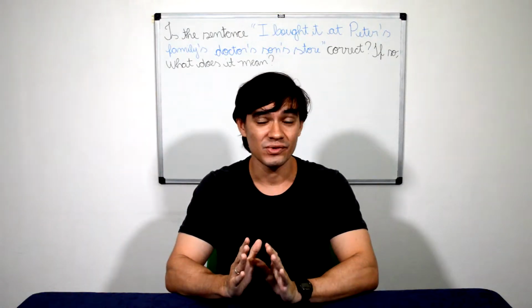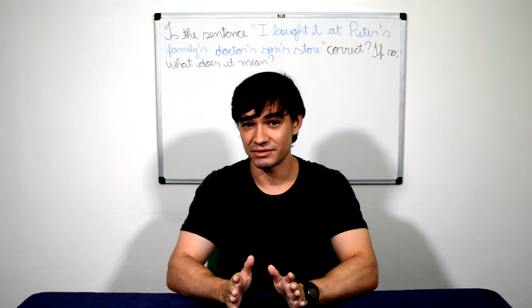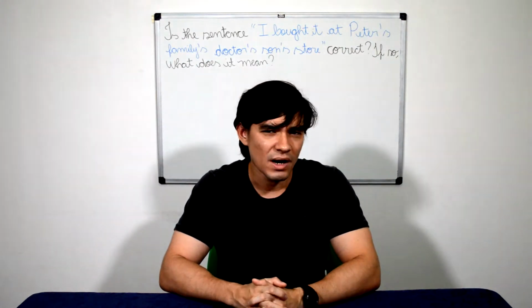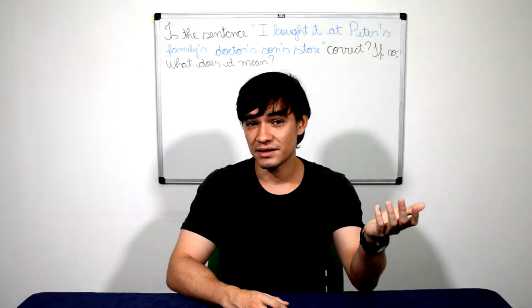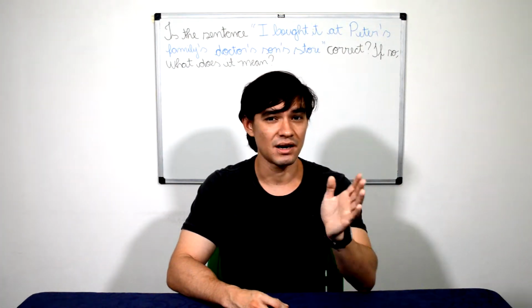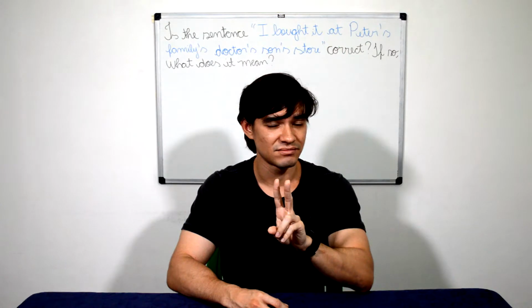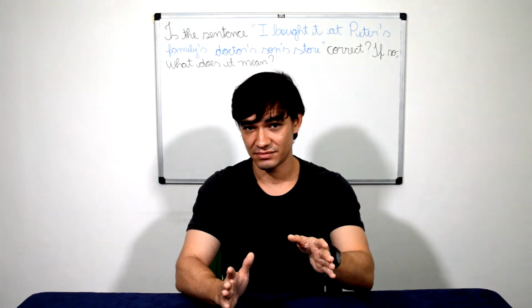But then we have one of the most frequent questions about this subject. What about when the word ends in s? Do we add the apostrophe s and then there would be two s's? Well, it depends.